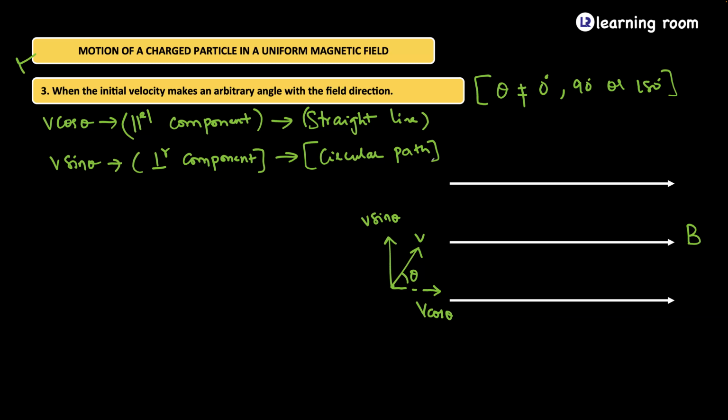Right? So v cos theta will put the particle in a straight line path and v sin theta will put it in a circular path.